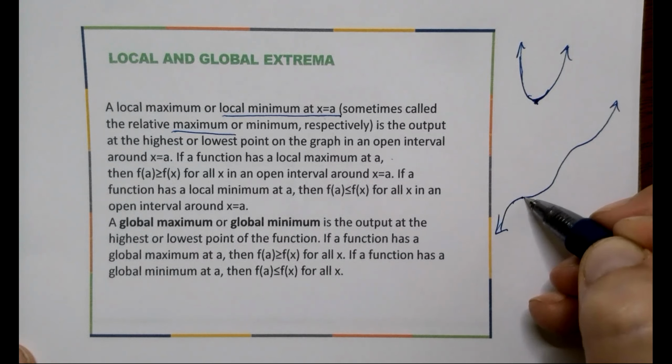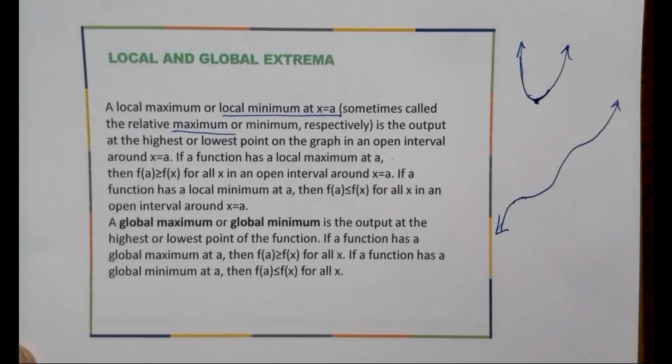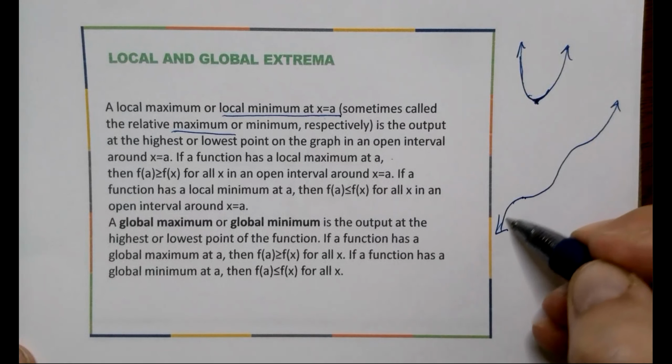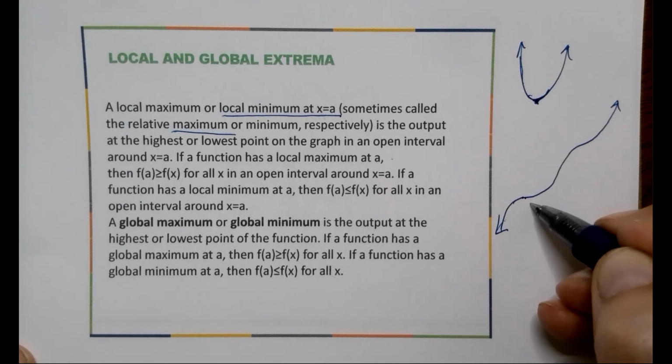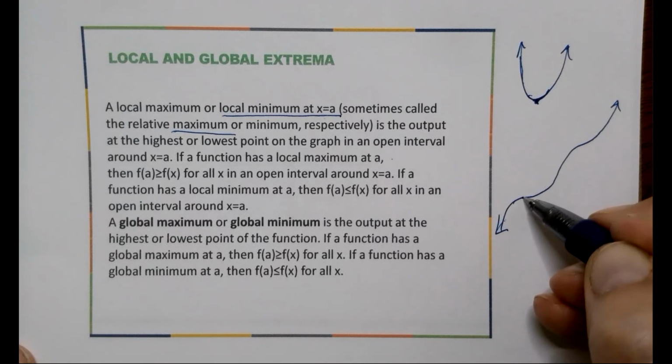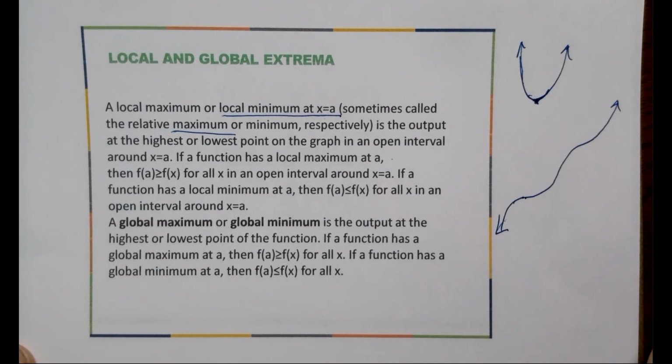It's not counted as a local maximum unless it was going up and then it started going down after it reaches this point. So basically, your turning points are your maximums and minimums, as we discussed earlier.